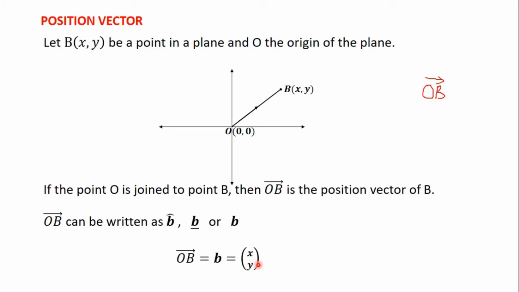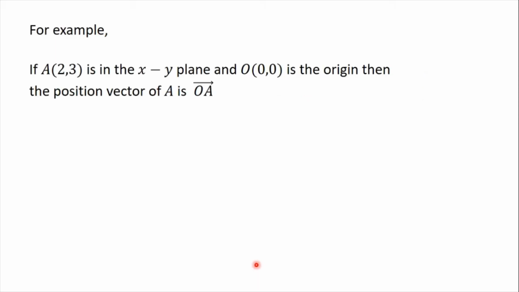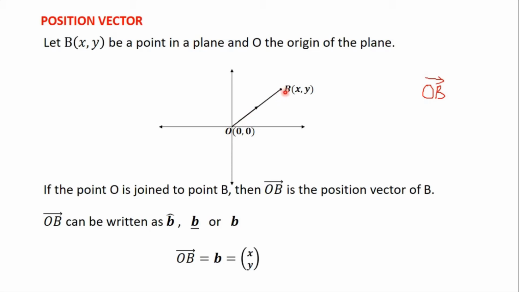Let's pick some examples and make this clearer. For example, if you have the point A with the coordinates 2, 3 in the xy plane, and O is the origin, then we join point O to point A. In this case, the new point we are considering is point A, and the coordinates of point A are 2 and 3.